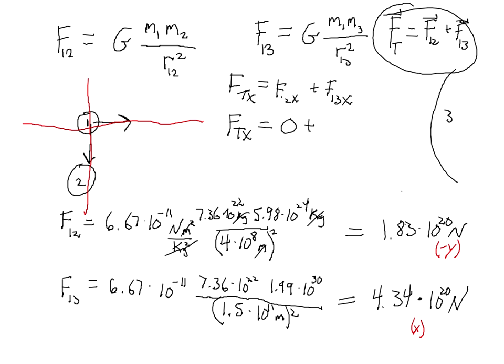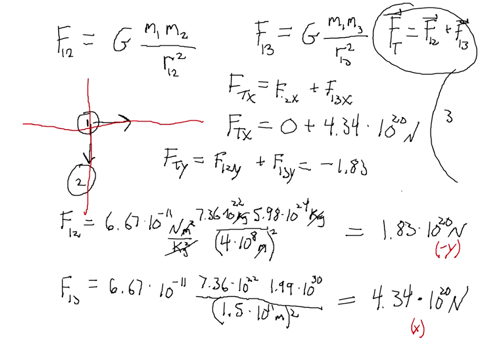So the total x component is just 4.34 times 10 to the 20 newtons. Okay, for the y component, that would be F12y plus F13y. F12y would be negative 1.83 times 10 to the 20 plus 0.